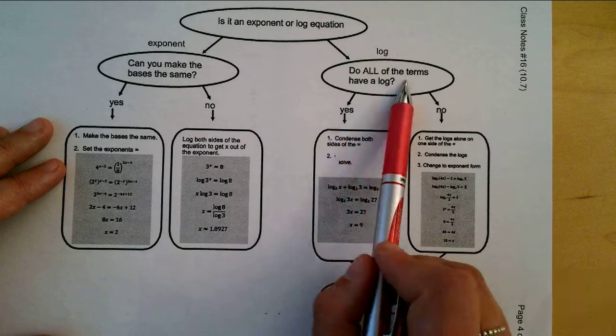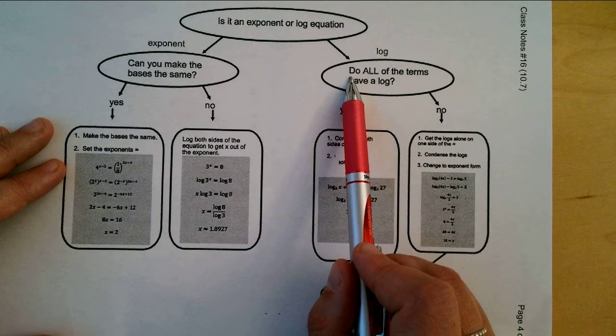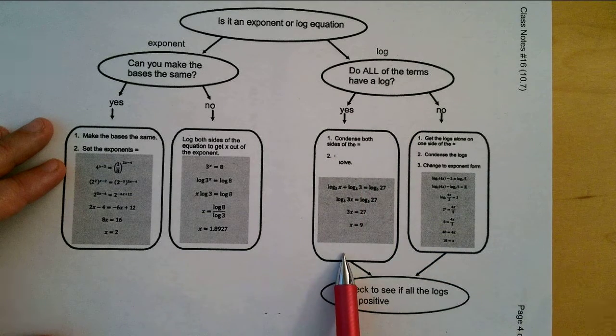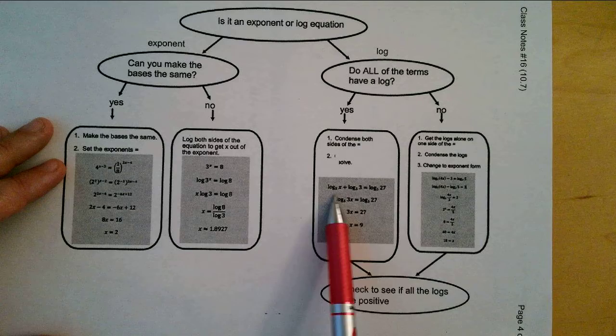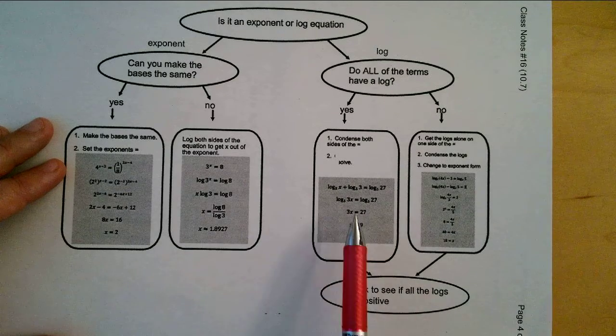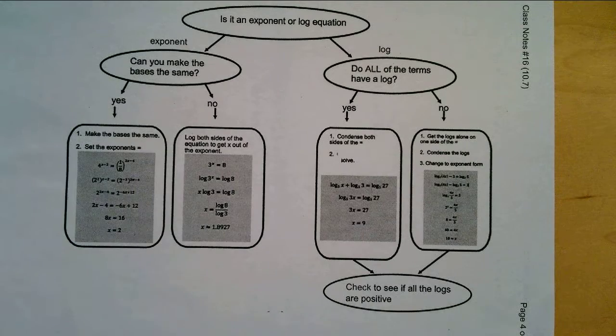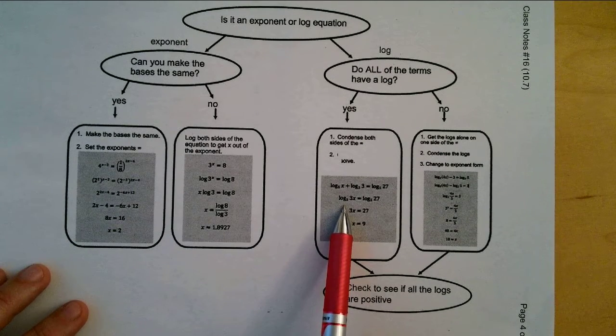If it's a logarithm, then you want to ask yourself, do all the terms have a log? If they all have a log, can we consider combining those logarithms, right? And using that idea of the properties of logarithms, instead of expanding it, making it into a single logarithm.